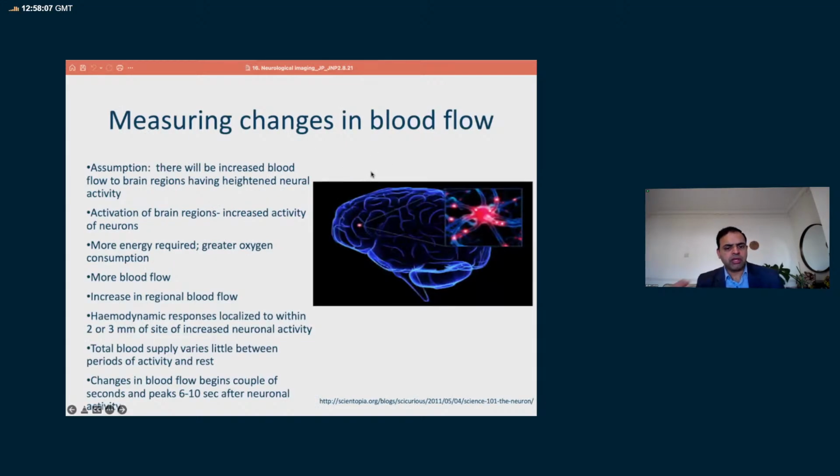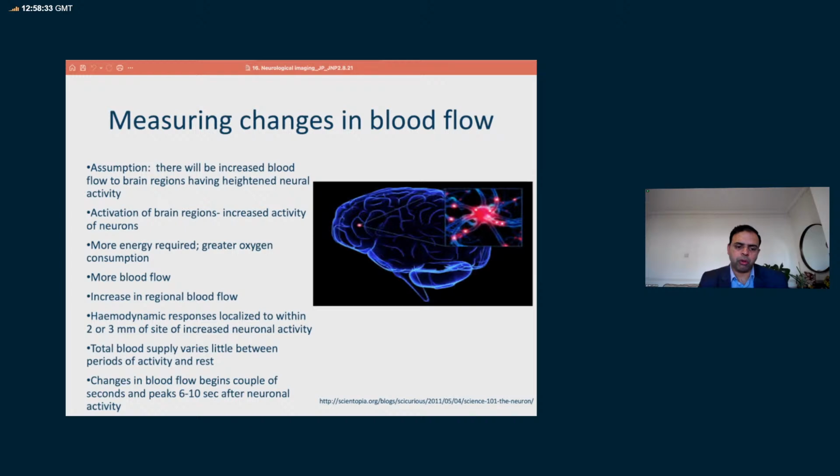Now, when you look at changes in blood flow, it's something different. Here, there's no radiation. You don't look at metabolism, but the assumption is that there will be an increased blood flow to brain regions that have a heightened neural activity. When there's an activation of brain regions, there's an increased activity of neurons, more energy is required, and there's greater oxygen consumption.